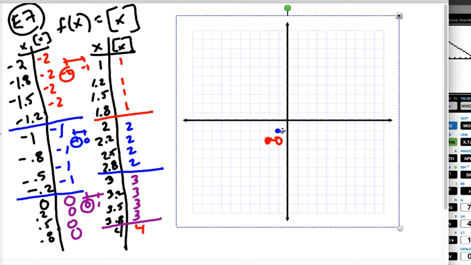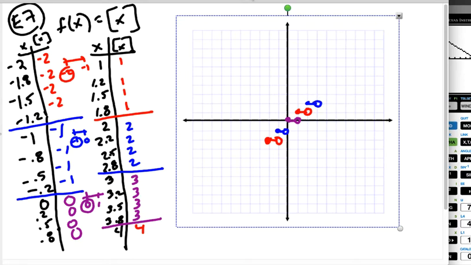And then it's going to stay at -1 until I get really, really close to 0. But the second I actually get to 0, this is going to jump up to 0 and be a closed dot, and then be at 0 until I get really, really close to 1. But the second I actually get to 1, it's going to be a closed dot at 1, and then over to essentially 2, but not actually 2, because the second I actually reach 2, it's going to jump up to 2 and stay at 2 that entire time.